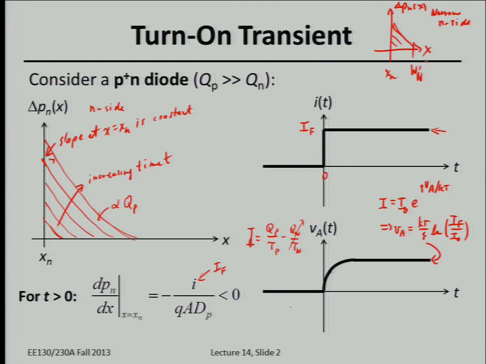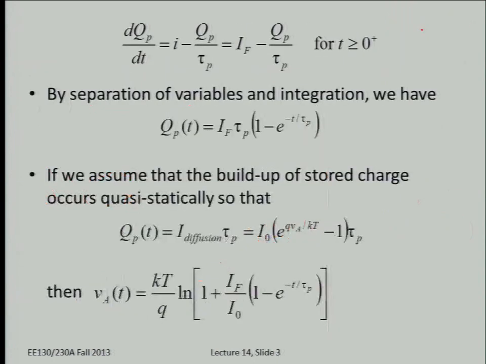So this will be what happens with increasing time. It still takes time to store this excess charge in the narrow quasi-neutral region. It might be a little clearer once we finish this slide.